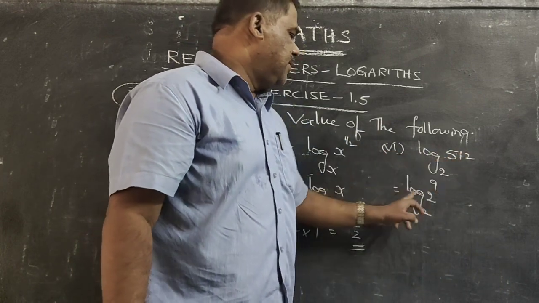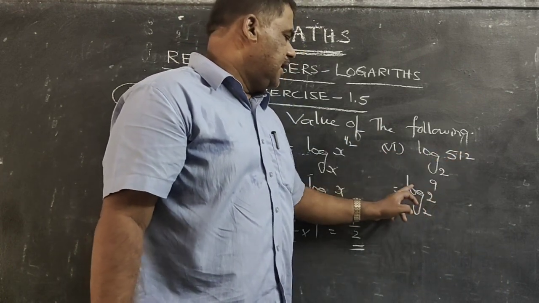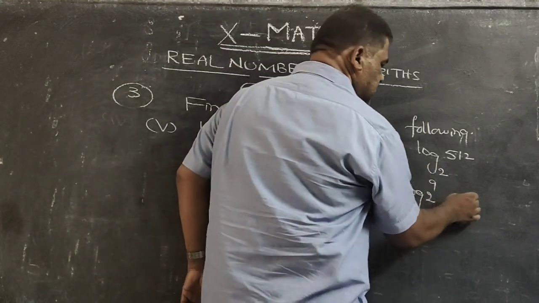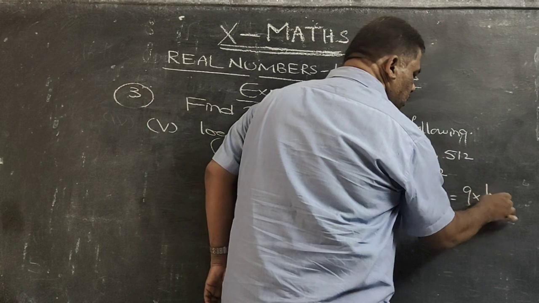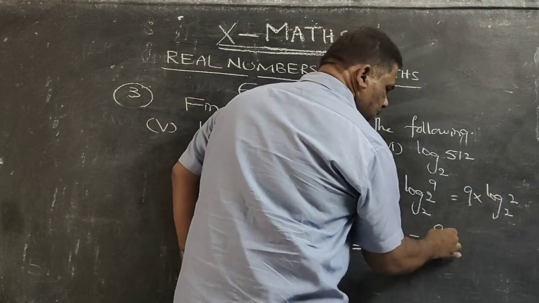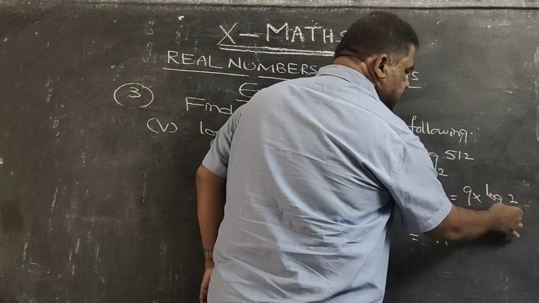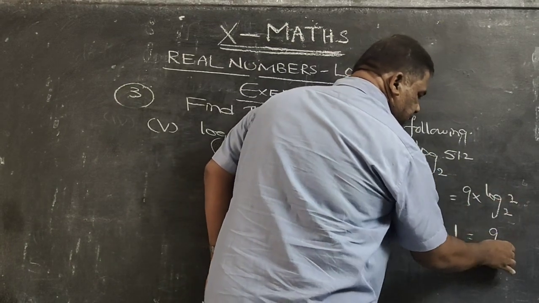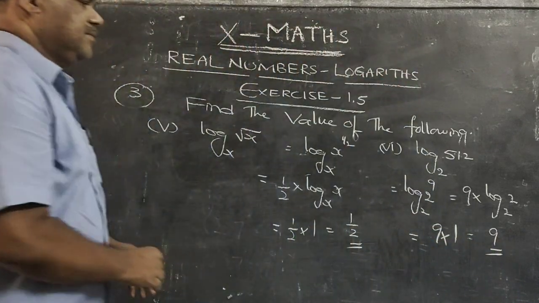So 512 can be written as 2 to the power 9. In logarithms, if a number has power, it comes as a coefficient, so it will become 9 into log 2 base 2. Logarithm of a number with itself as the base, if both are same, then the answer is 1. So 9 into 1 is 9, answer.